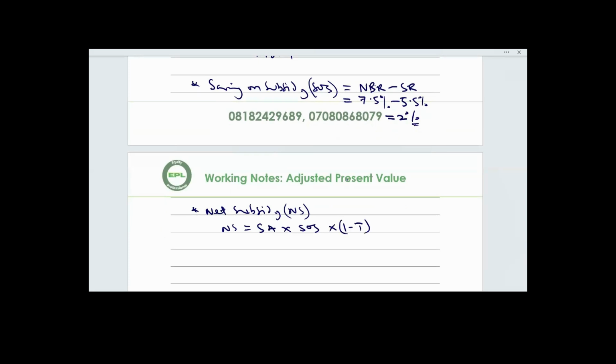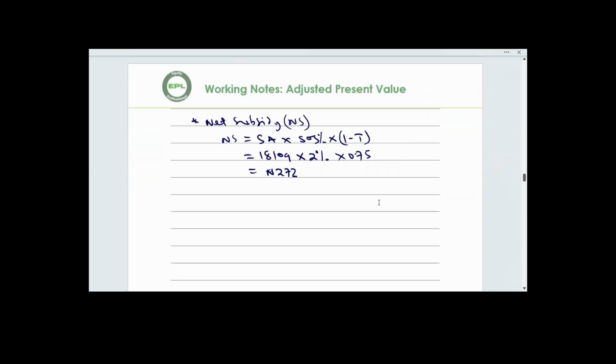The subsidy amount is 18,109 multiplied by 2% savings on subsidy, multiplied by 1 minus tax, which is 0.75. So what do we have there? 18,109 multiplied by 0.02 multiplied by 0.75 equals 272. So that's the savings, that's the net subsidy.